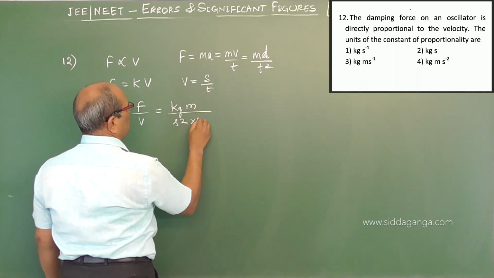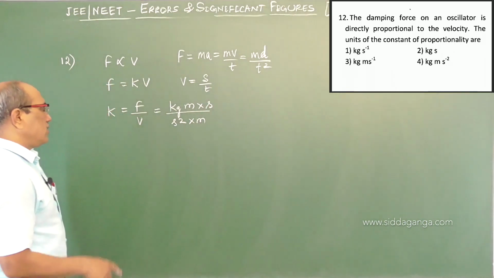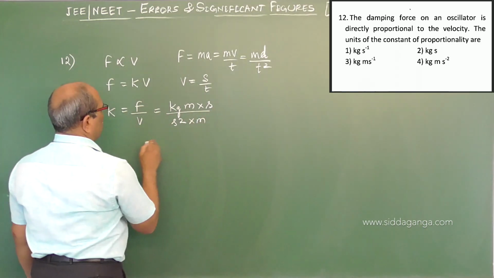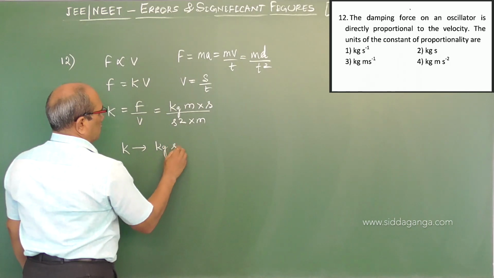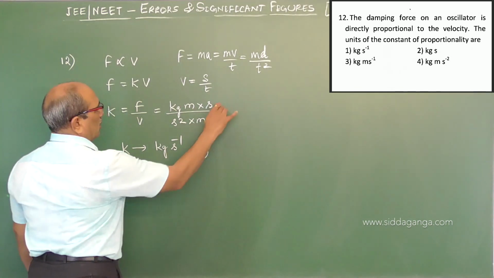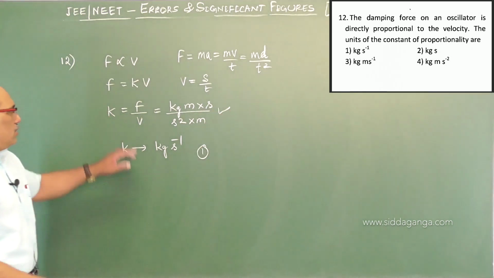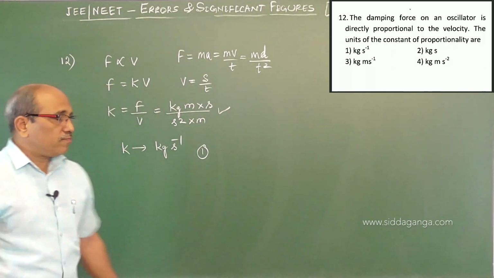Distance is measured in meter and time in second. Cancelling meter, what remained? The unit of k is kg second power minus 1. Option number 1. By direct substitution of the SI units of F and v, we got the answer kg per second.